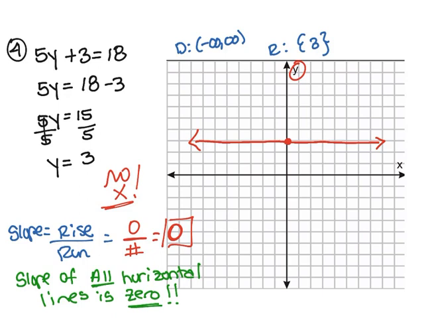So your range is just the number 3. And I need you to see that because on the y-axis, every y is going to be 3 on this line. There is no other y of another number on a horizontal line that's running at 3. So my domain can be anything because you're running left and right. But my range is only 3.